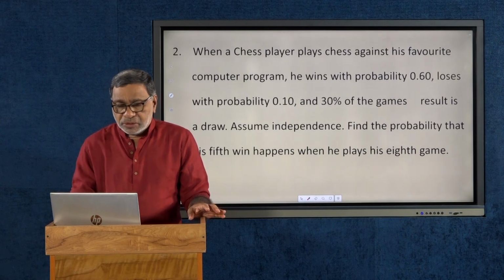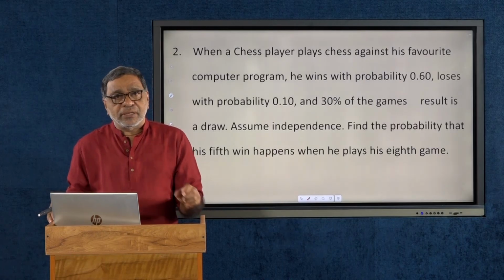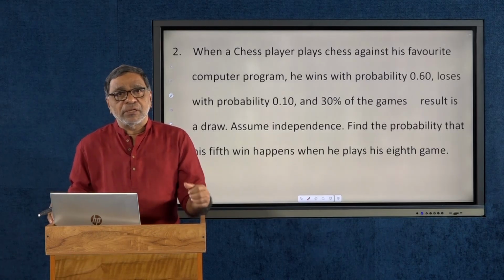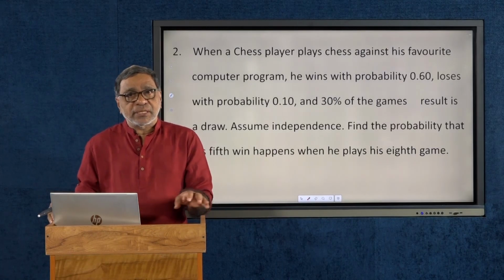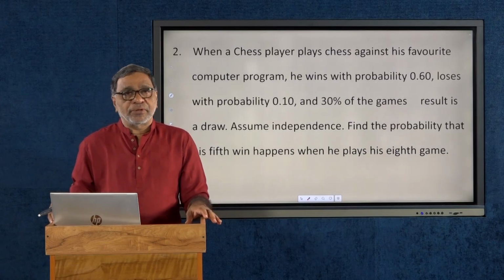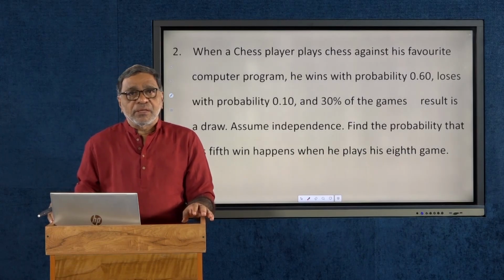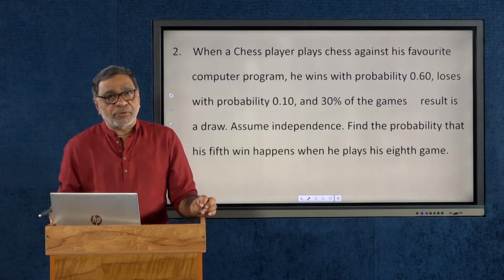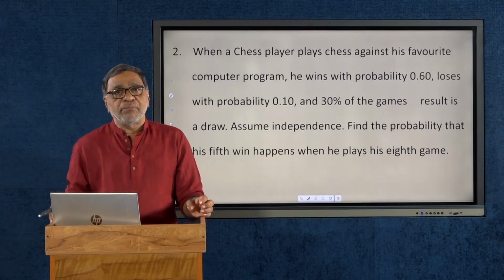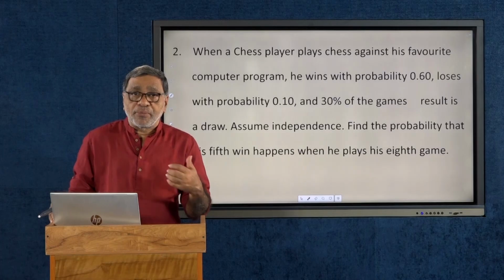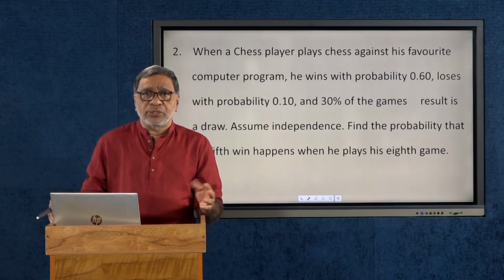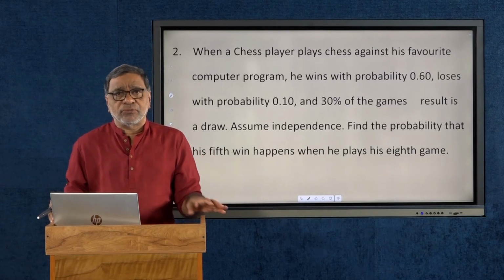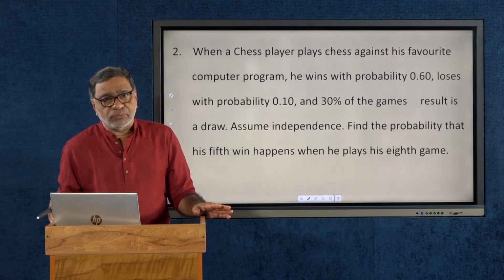See, the problem here is a chess player plays chess against the computer program, and he wins with probability 0.60. The probability of winning the game is 0.60. So the probability of not winning the game is the complement, 0.40.